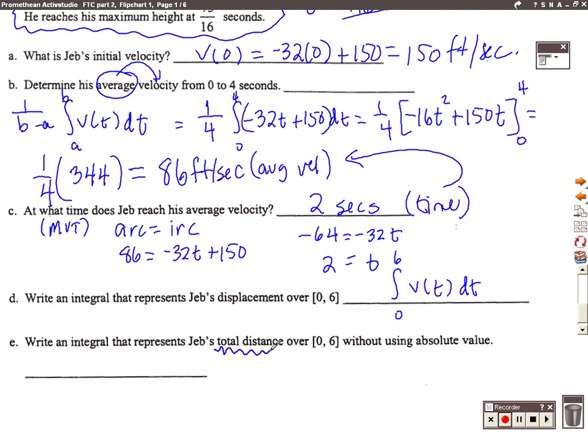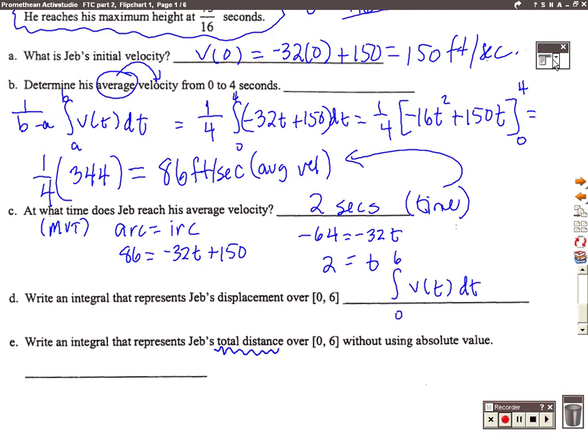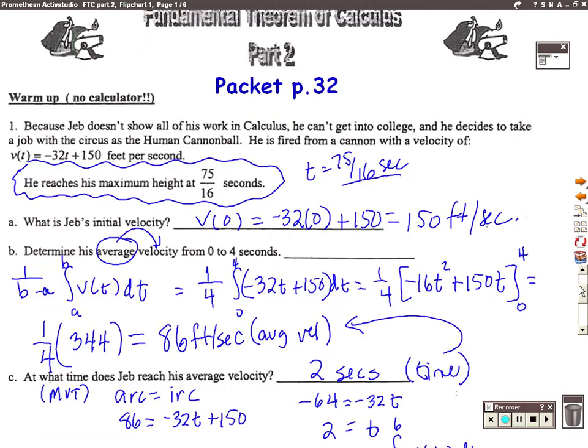Now this is where you would think, oh, I want a calculator. I need to know when the velocity is positive and when the velocity is negative. However, if you put the puzzle together, you already know that your position function, all right, so you have your velocity function right here, is going to be negative 16t squared plus 150t plus c.